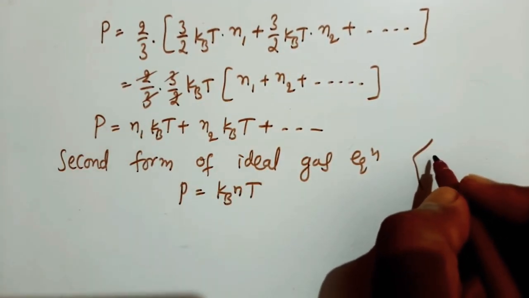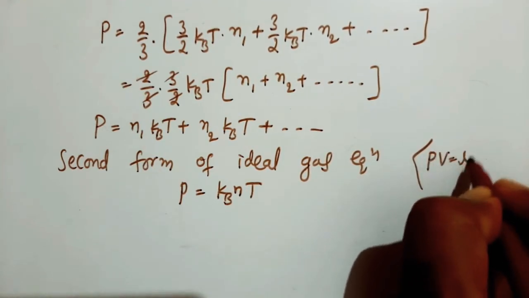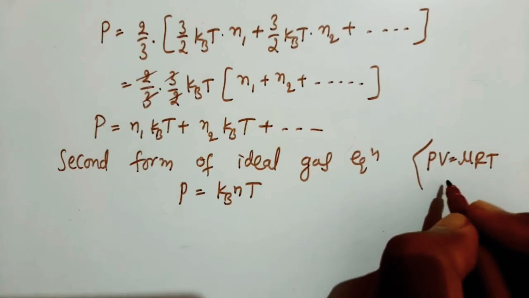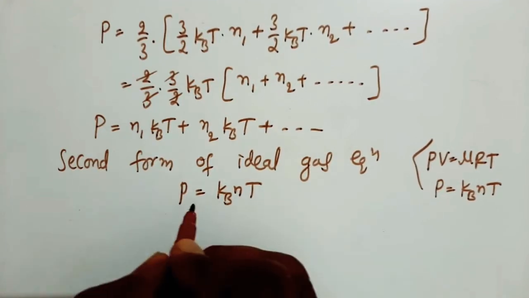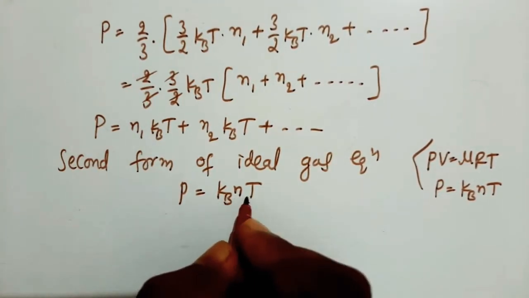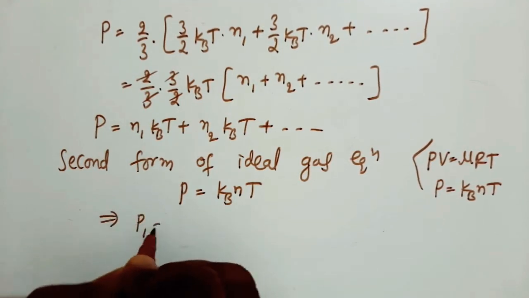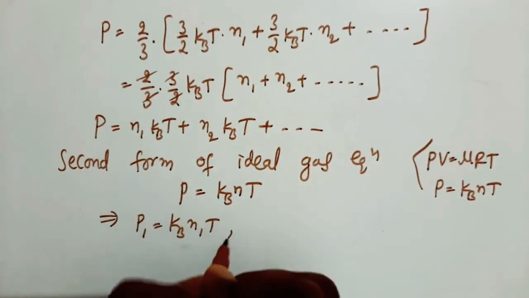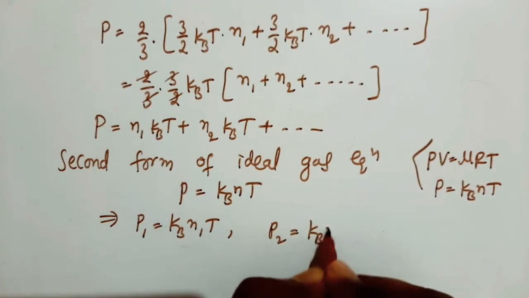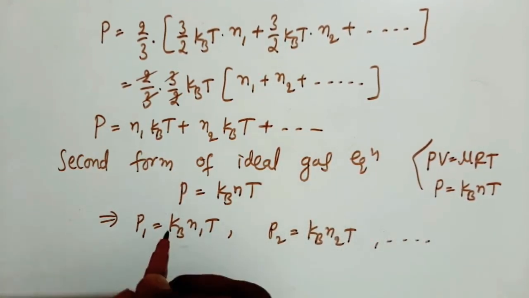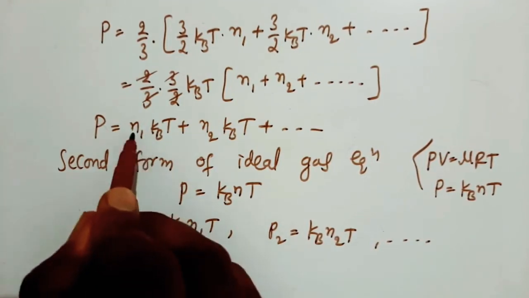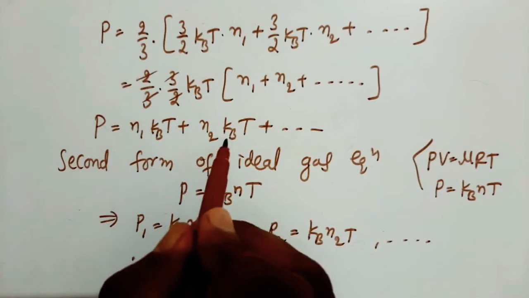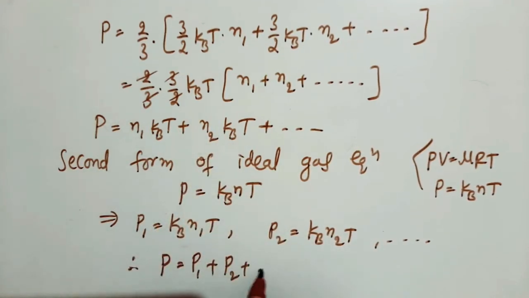We know the first form of the ideal gas equation is PV is equal to mu RT. The second form of the ideal gas equation is P is equal to kBnT. So from this we can write P1 is equal to kBn1T, and P2 is equal to kBn2T, and so on. Substituting these values in this equation, therefore P is equal to kBn1T, which is P1, plus kBn2T, which is P2, plus and so on.